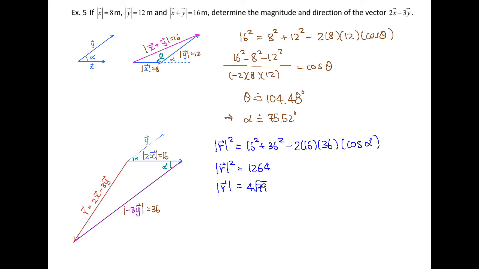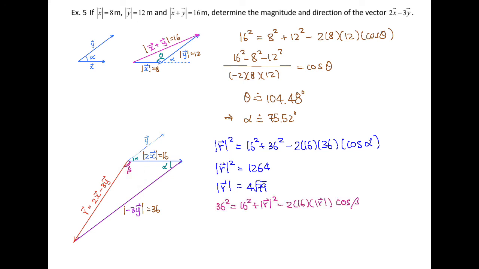As you can see, the tail of the resultant vector is connecting to the tail of the vector x. So this is the angle that we want to find. Let's label it beta. Once again, since alpha is an acute angle, that means beta could be an obtuse angle. So we have to use the cosine law to find beta.